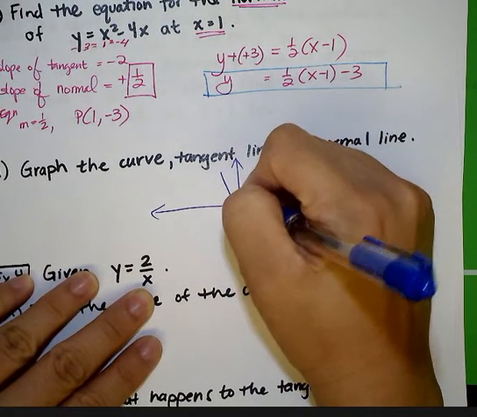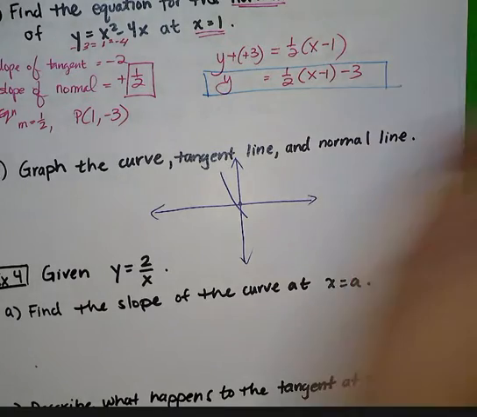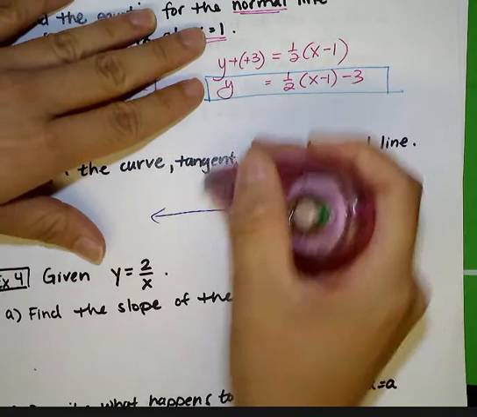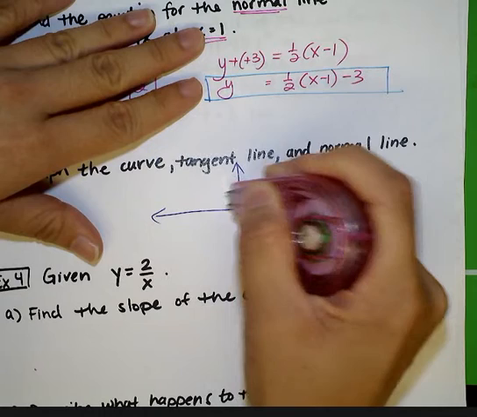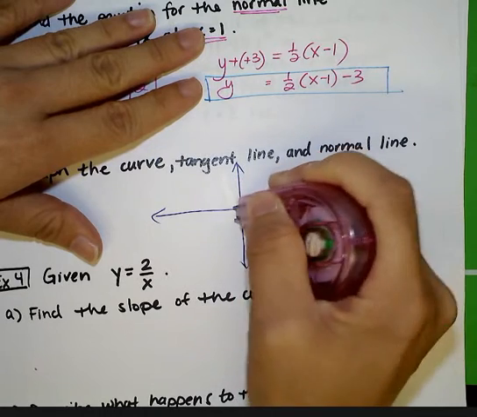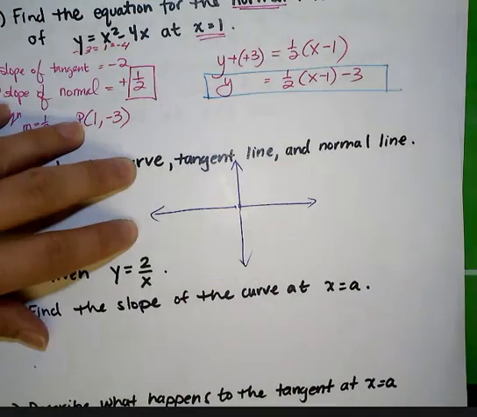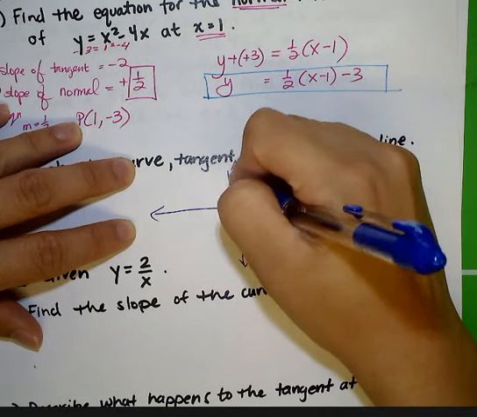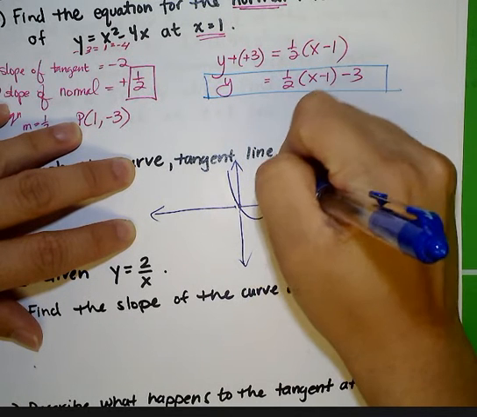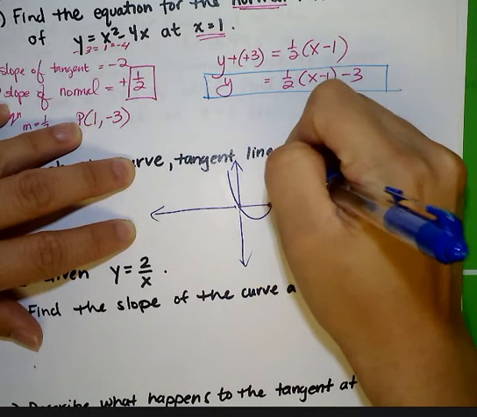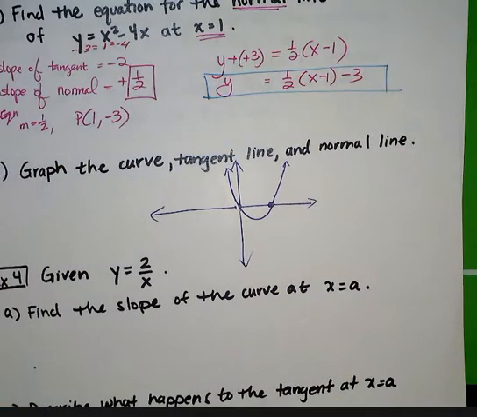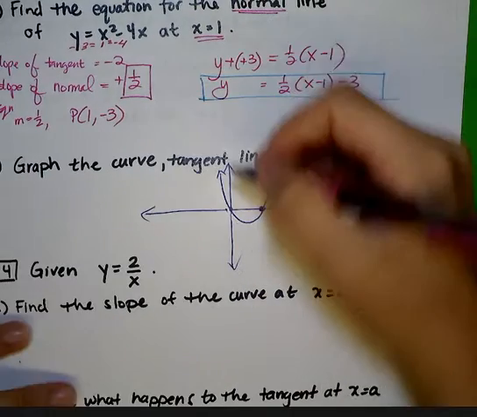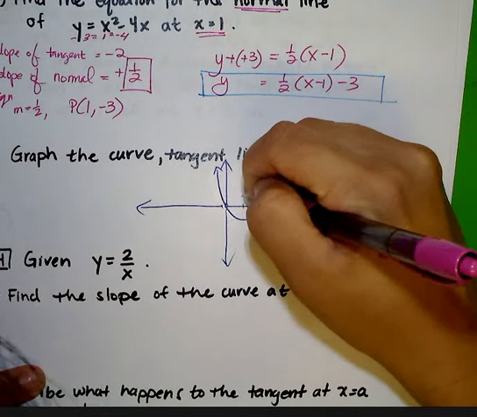Oh my goodness. At least on Docere I could undo that. Oops. So there's my graph. And my tangent line was, okay, so this is 2, so this is 1.